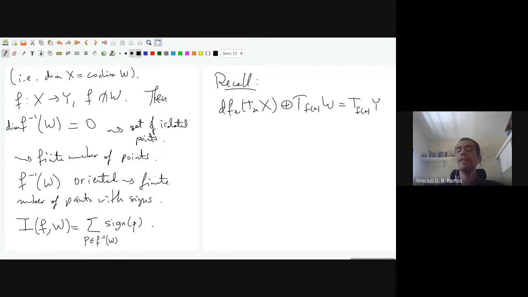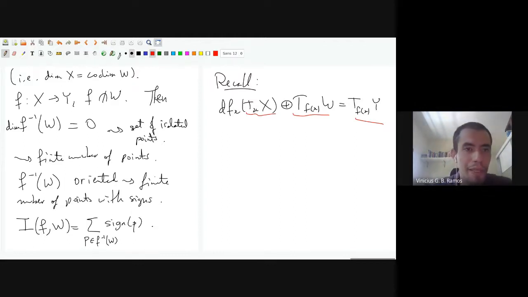So this is the equation that we had before when we were orienting this, and one of the direct sums is trivial. So we only really need to look at this, and what happens here is that you have three things that are all oriented. This one's oriented, this one's oriented, and this one's oriented.